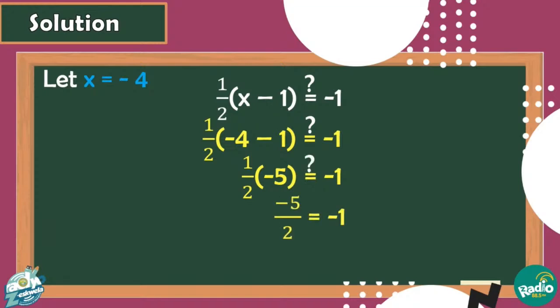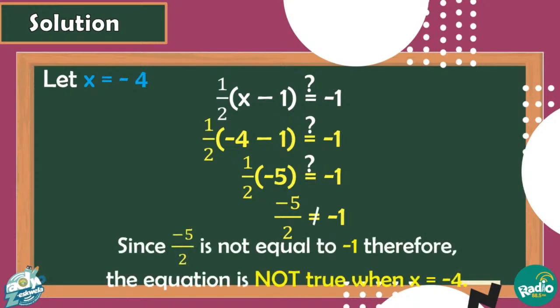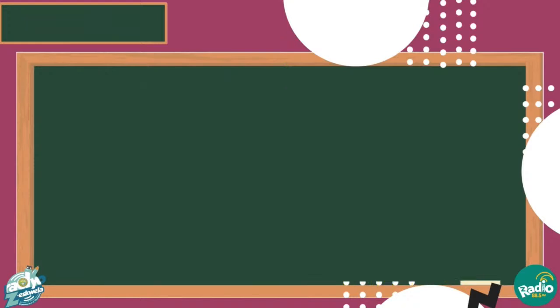And the result is negative 5 over 2 is equal to negative 1. Is it correct? Since negative 5 over 2 is not equal to negative 1, therefore, the equation is not true when x is equal to negative 4.